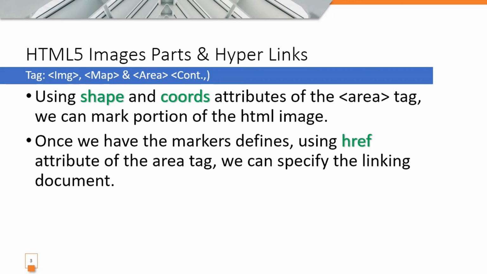So once the area is defined in an image, then we can add one more attribute called hyperlink reference, href, and that tells what happens when the user clicks a specific area in the image. So this href will bring the user to a different document so that they can get more information about that specific area.